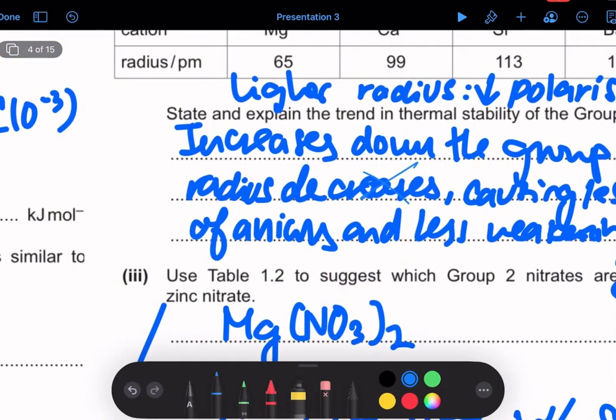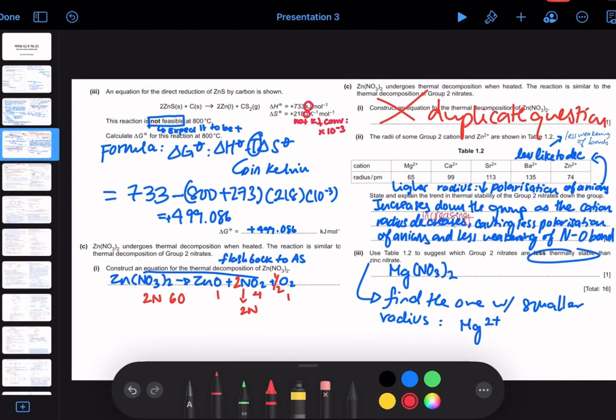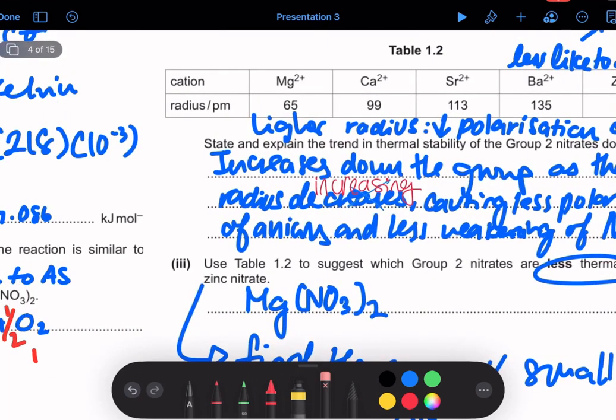It is actually supposed to be increasing, causing less polarization of anions and less weakening of the N-O bond. So down the group, higher radius, less polarization of anions, less likely to be decomposed, and less weakening of bonds. Make sure to remember this one is supposed to be increasing, not decreasing.